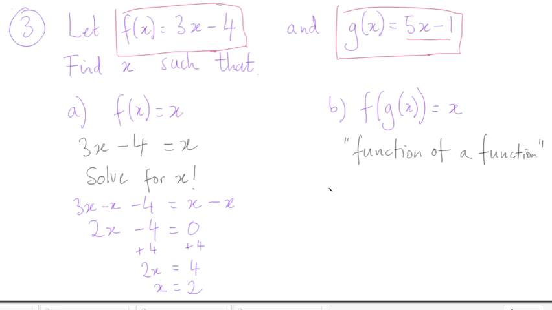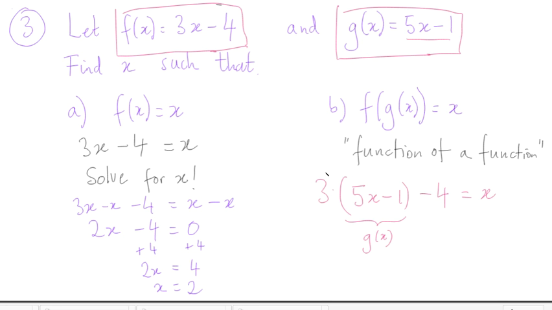So f of g of x is 3 lots of, because the 3 is in here in f of x, lots of, but instead of x, I take 5x minus 1, which is g of x, the whole of g of x. Then minus 4 from f of x, and all of that has to be equal to x according to this equation I'm trying to solve.